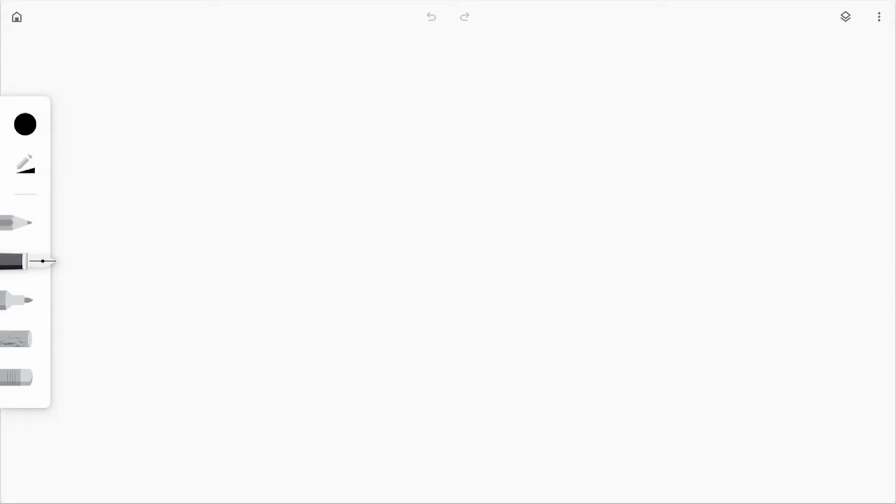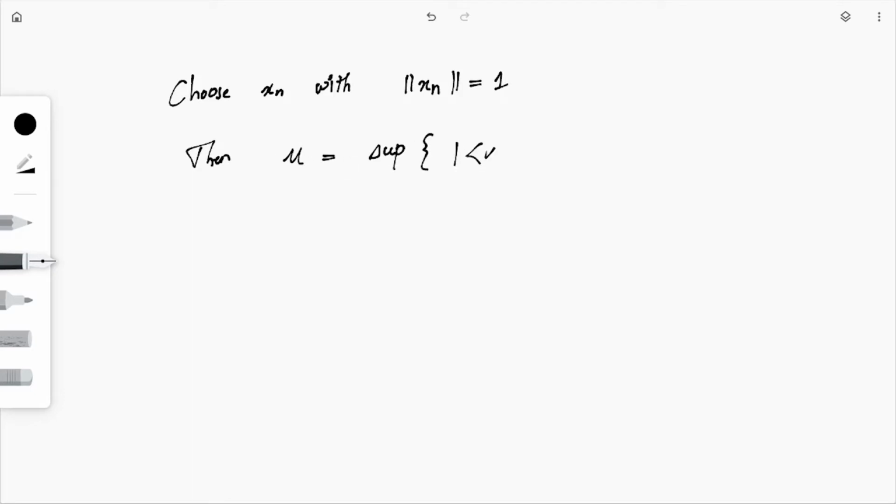First of all, I'm going to choose an xn with norm of xn equal to 1. What was mu? Mu was the supremum of the modulus of the inner product of A x, x.